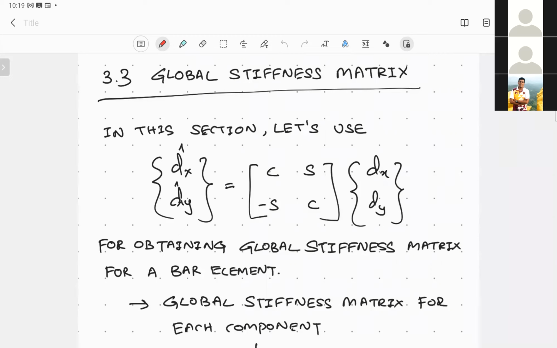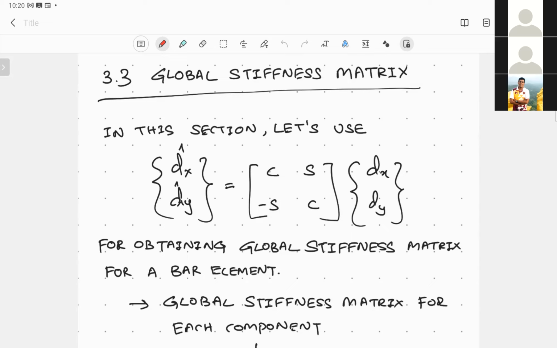For each element, now you can define the stiffness matrices in the global coordinate system. I think now you get the idea as to where we are aiming at. For each element, we have element stiffness matrices, and we are able to express the local displacements as well as local forces in a global coordinate system.